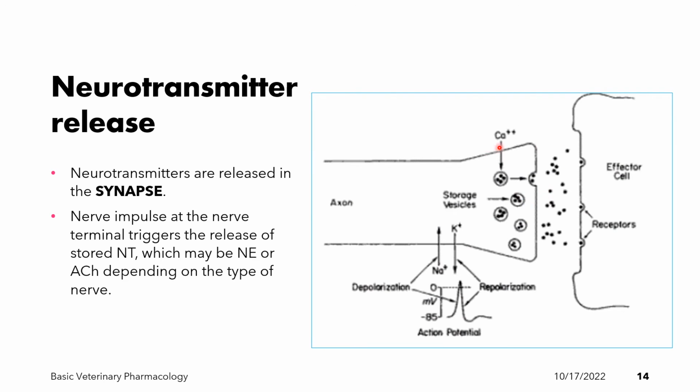Again, the important stimuli here are the arrival of the action potential and the entry of the calcium ions in the axon terminal, allowing the storage vesicles to dock onto the axon terminal to release their neurotransmitters by the process of exocytosis.